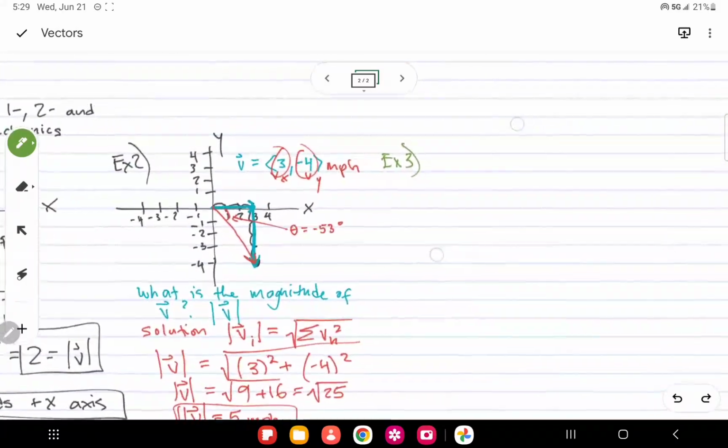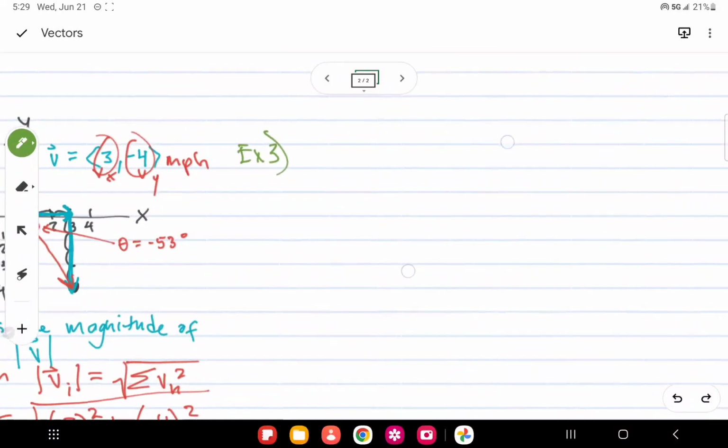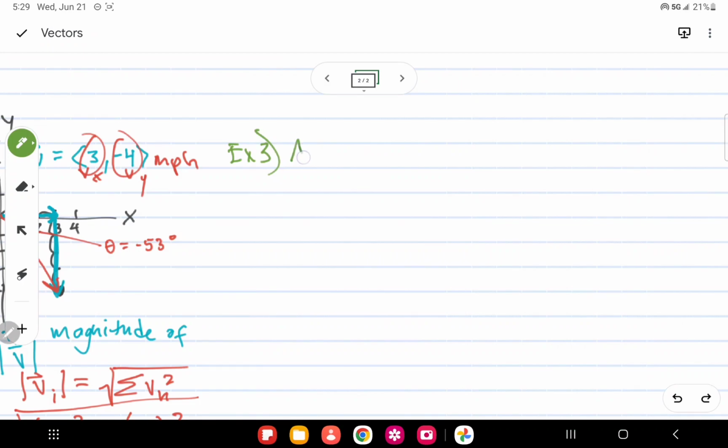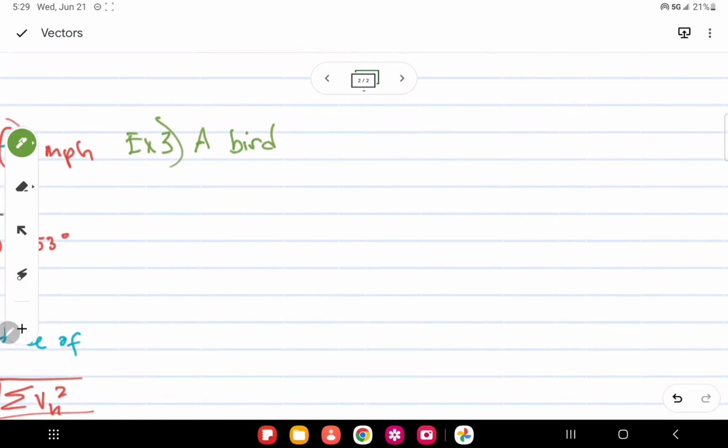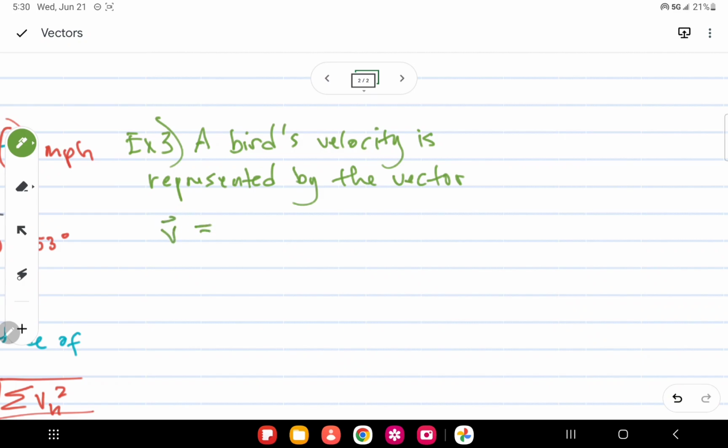Let's say that a plane, or maybe a bird, a bird's velocity is represented by the vector v is equal to 1, 2, -2.